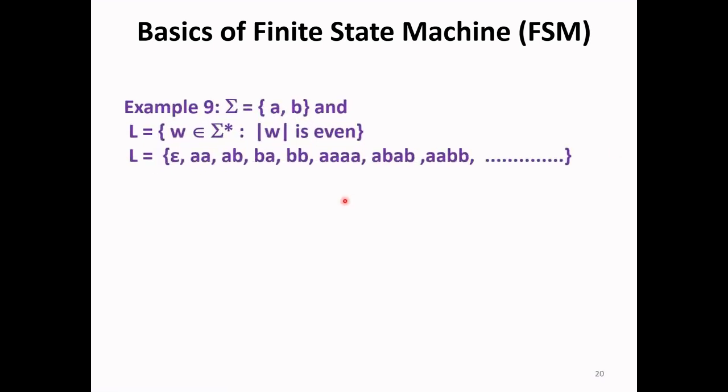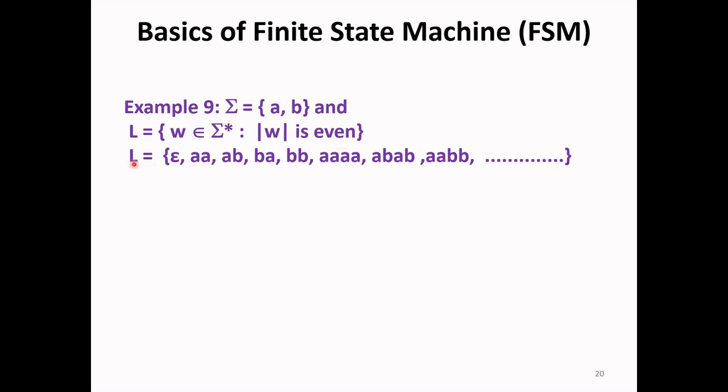We have discussed a language consisting of an even number of A's. We'll take one more language which is similar to it but consisting of two symbols in the alphabet, A and B. The language consists of all possible strings where the string length is even. It means it can be either A or B, but the string length must be even.